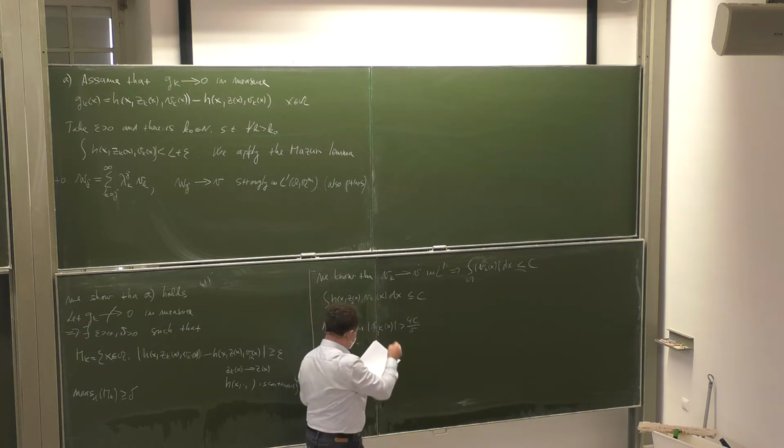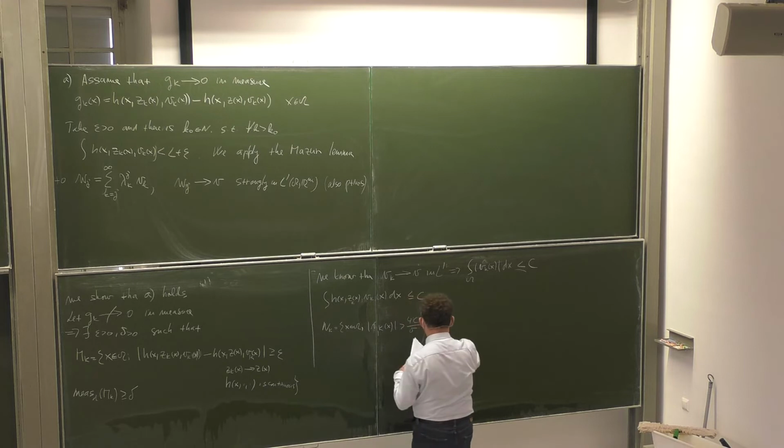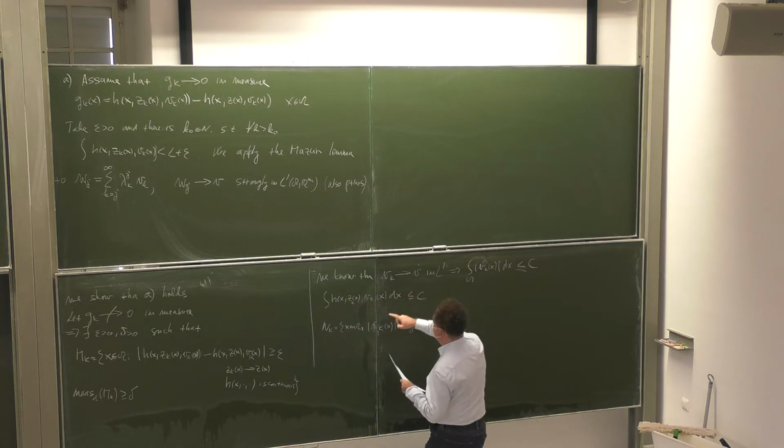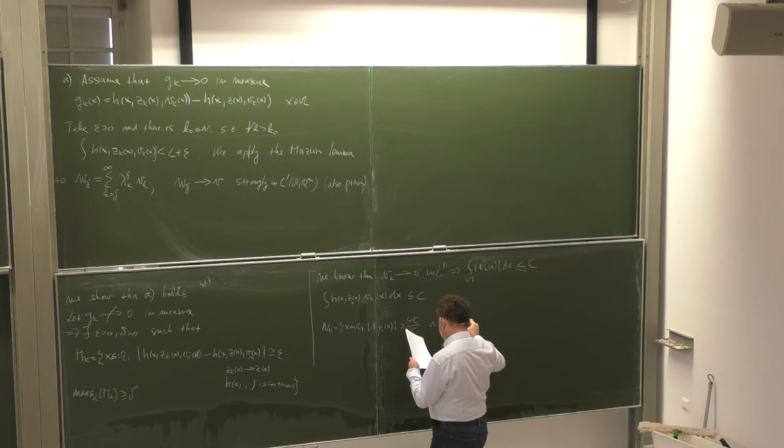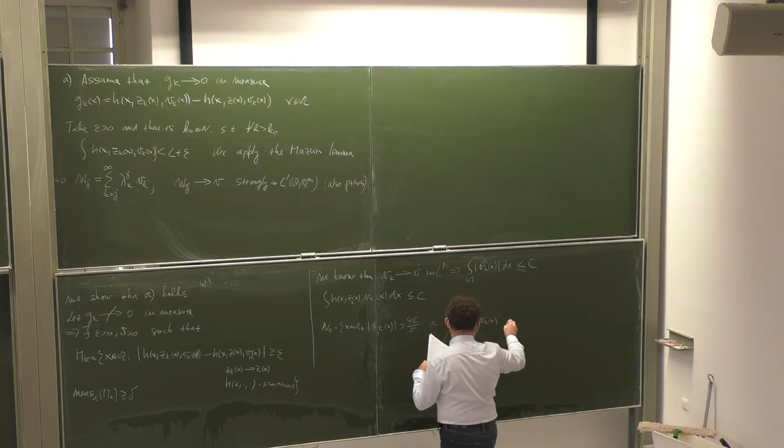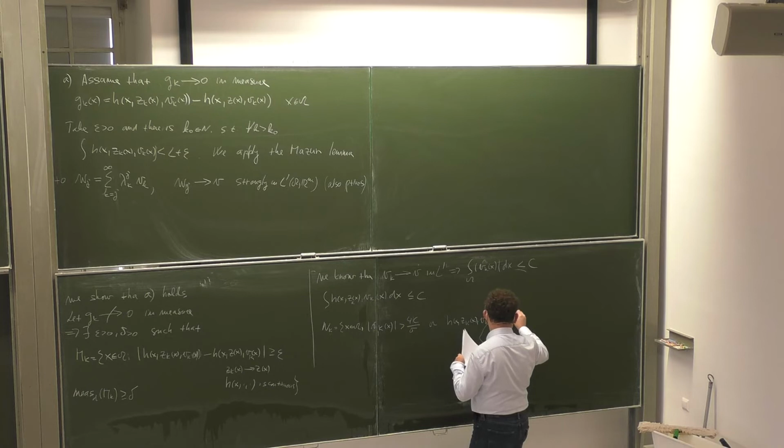So C is this constant, this guy here. Vk of x is bigger than 4C divided by delta.